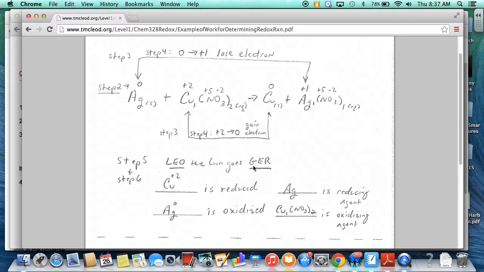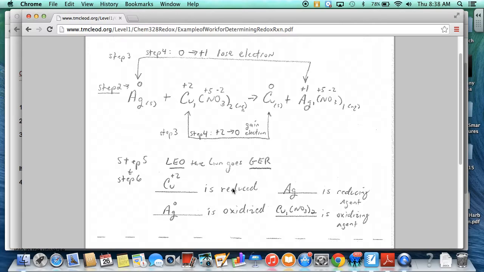And GER stands for gaining electrons is reduction. So the Cu plus 2 is actually being reduced. The thing that's being reduced and oxidized is only the substance. So the arrow is pointing to the thing you're drawing. It's not the whole compound here that's being reduced. It's only the Cu plus 2.